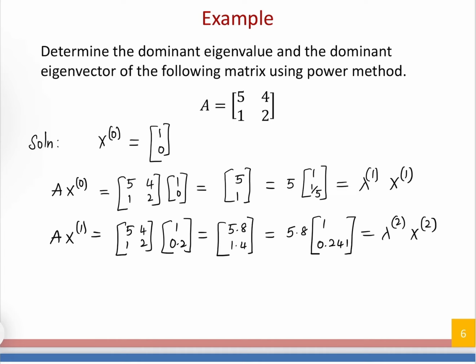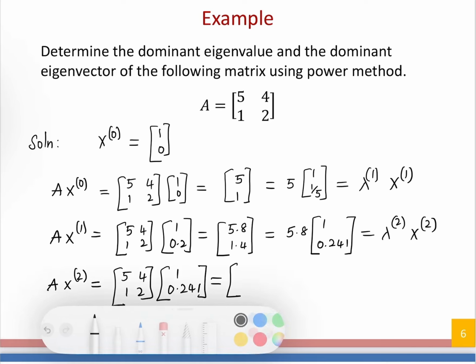dominant eigenvalue and eigenvector. Now to find lambda 3 and x3, we consider this product, A times [1; 0.241]. After multiplying this, let me write this directly.